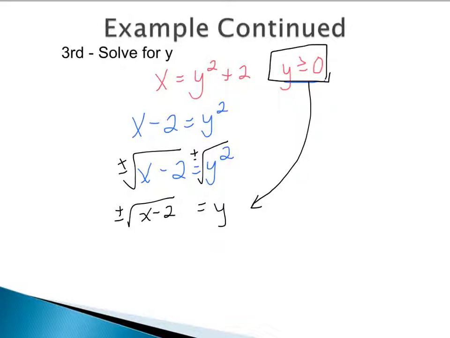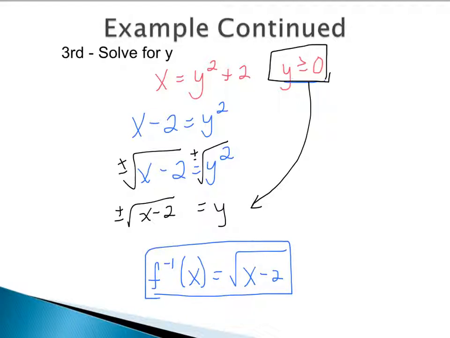Looking at our plus or our minus, that would mean that we're only going to be taking the positive square roots. So really, our inverse, which remember we rewrite as f with a -1, f inverse of x is equal to the positive square root of x minus 2. And that would be the only answer, because it satisfies that restriction that y has to be greater than or equal to 0.